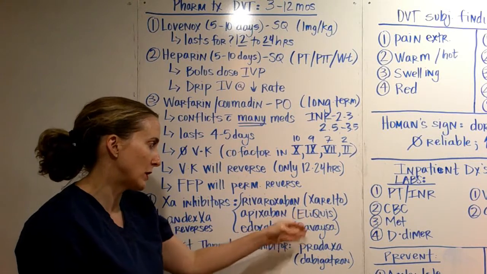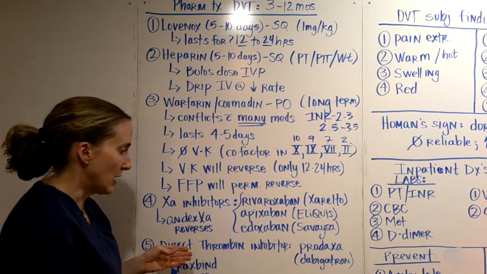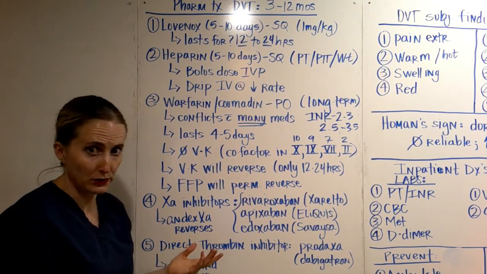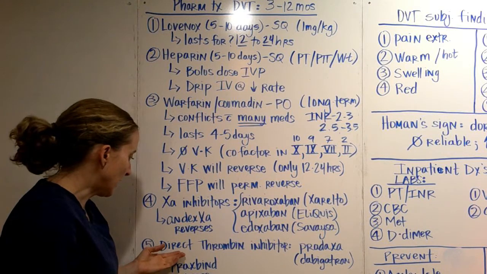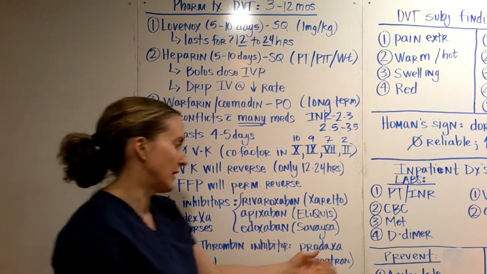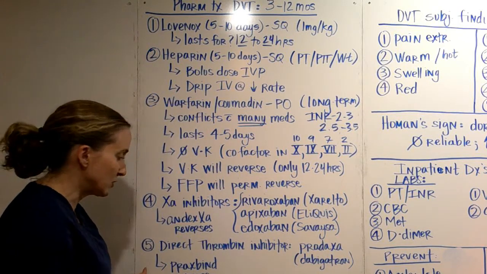So Xarelto, Eliquis, and Savaysa. You can reverse them with Andexxa, and that's usually given IV. And then there's the direct thrombin inhibitor, and that's just one, Pradaxa, ends in -tran, okay? And we give Praxbind to reverse that.